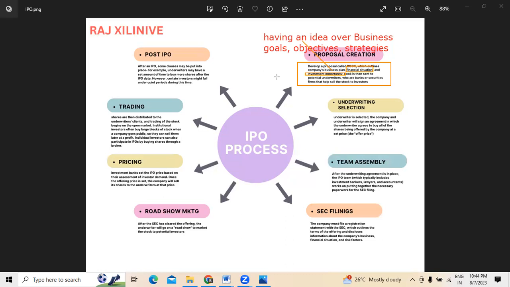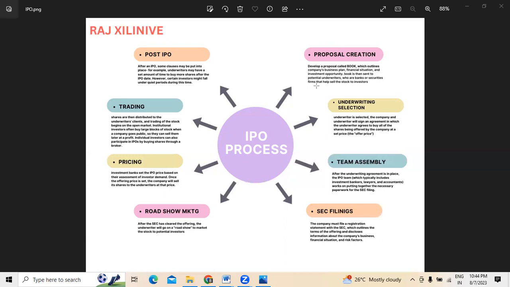Clarity over the reason behind going for an IPO should be known for an organization first, and that must be clear to the investment banking firms also. So it is always important to know about the investment opportunities and what exposure an organization has for business expansion. All this is generally done at the first level.